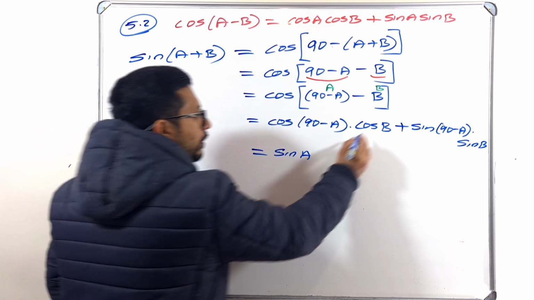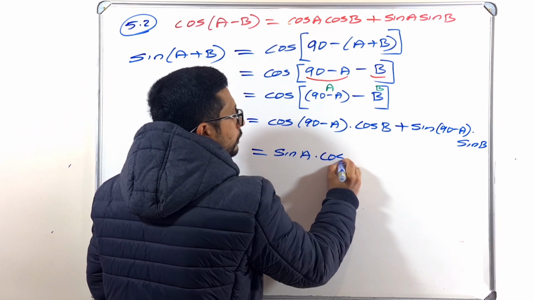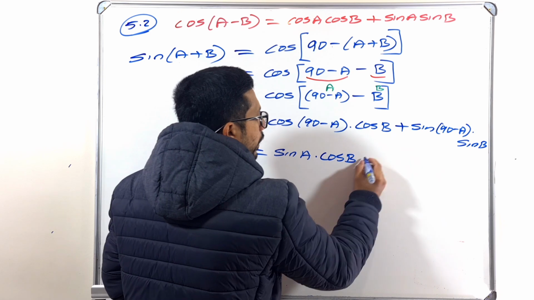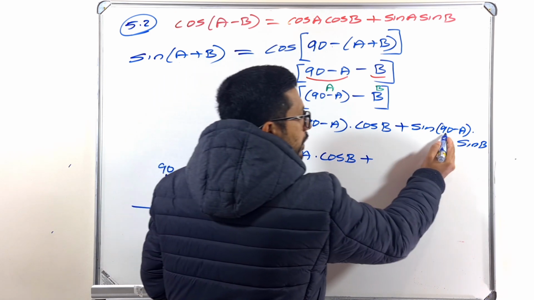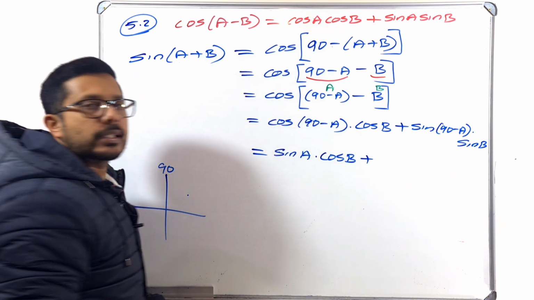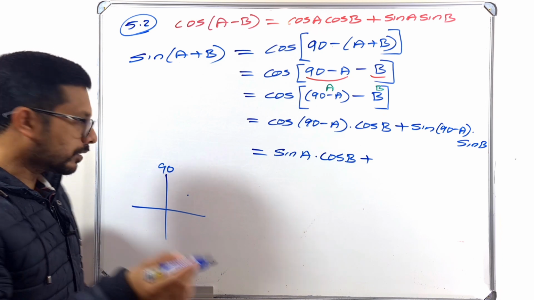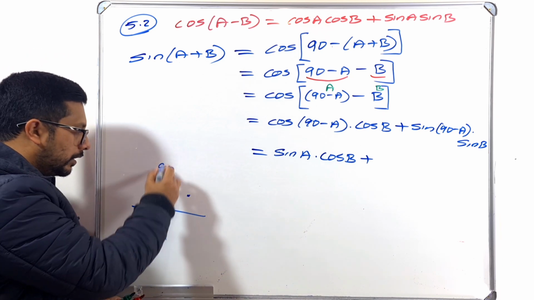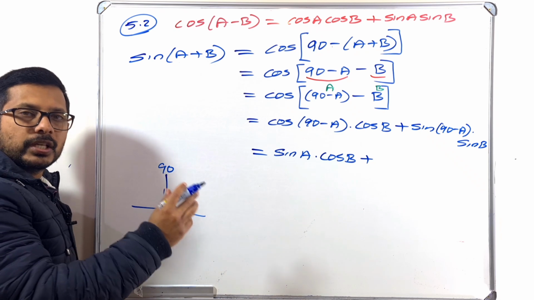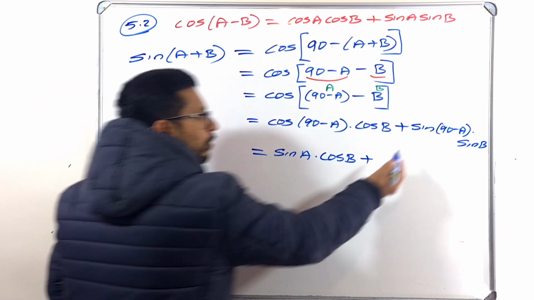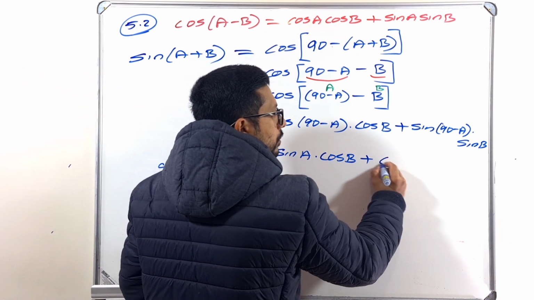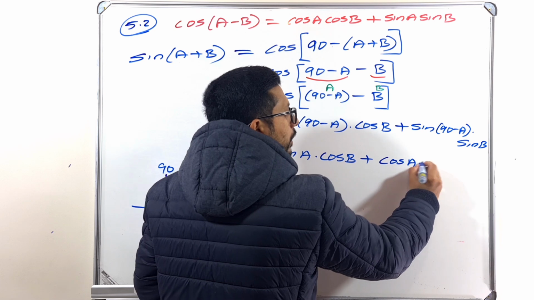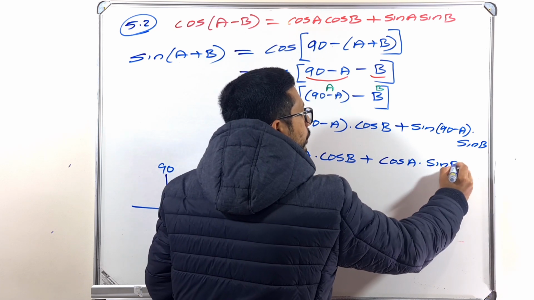Okay, then cos b, then plus sine of 90 minus a. 90 minus a means first quadrant all are positive, but if it is based on 90 or 270, it changes to its co-function. What is the co-function of sine? Cos, so it is cos a into sine b.